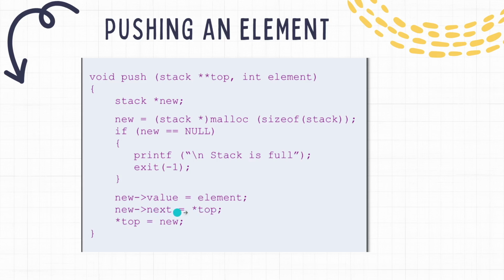So, new next is equal to star top, and the last assignment I should make is that hereafter new should be the topmost element. So, I just add this statement, that is star top is equivalent to new. This helps us to do those two pointer adjustments. The last two steps do those pointer manipulations, and thereby the new element now becomes the topmost element of the stack.